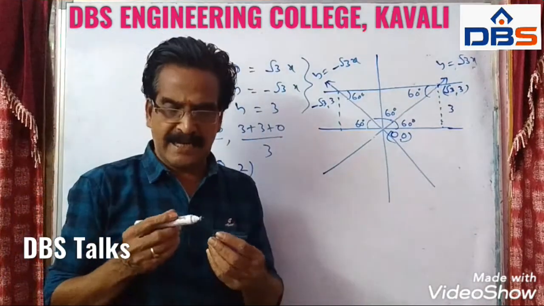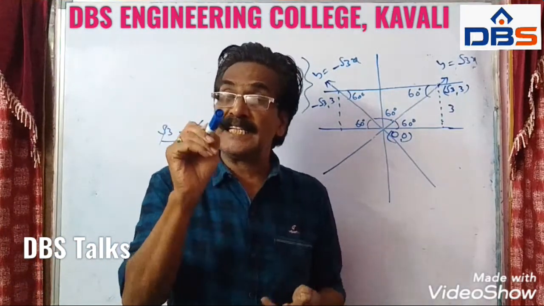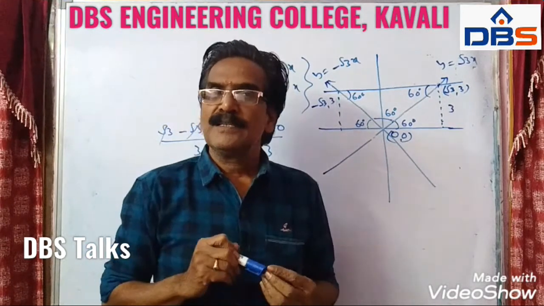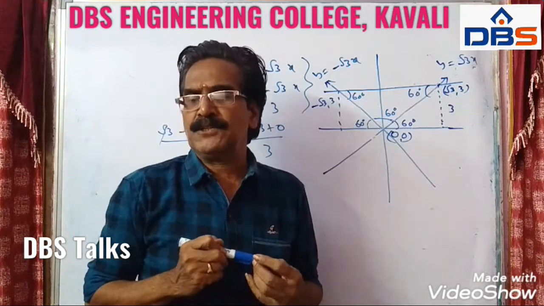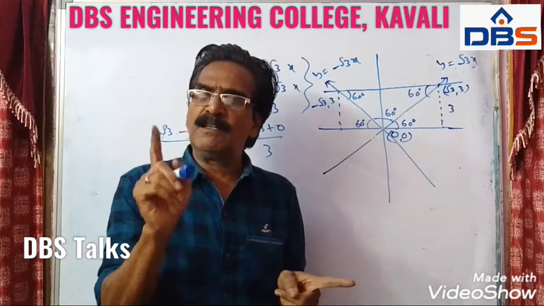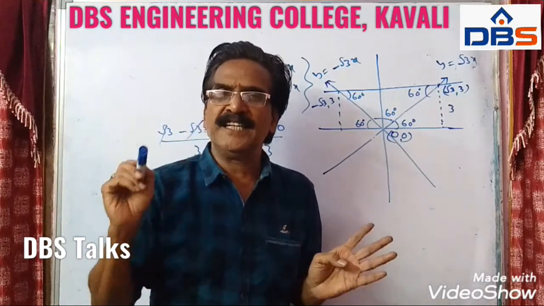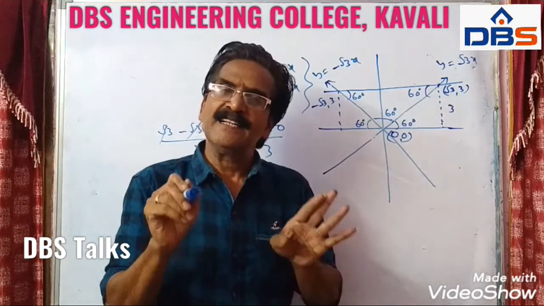For an equilateral triangle, see friends, if you know that a triangle is equilateral, then you can find any center. All the centers are the same. Just find the centroid, that is enough.